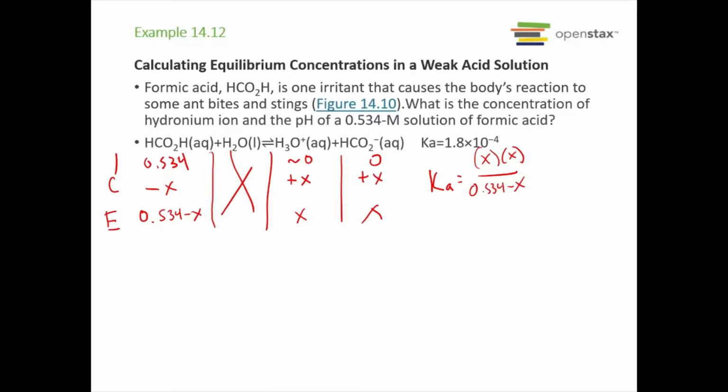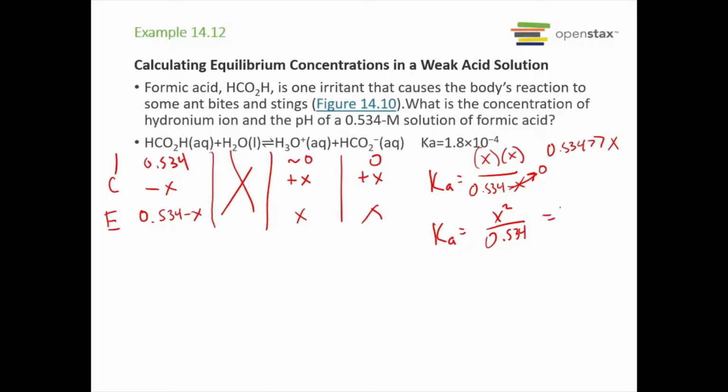And the fact that we have this very small Ka, at a magnitude of 10 to the negative fourth, that's not going to affect our large starting concentration. So we can go ahead then and do that. 0.534 is much, much greater than X. So we can approximate that X on the bottom to 0, and simplify this to Ka equals X squared over 0.534.